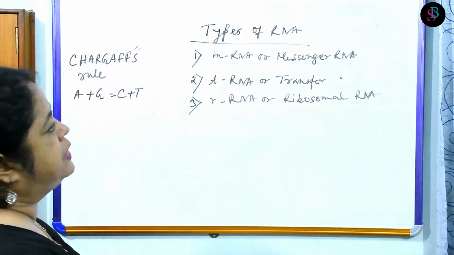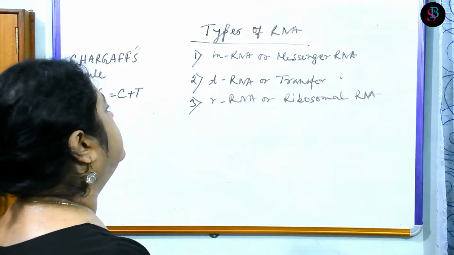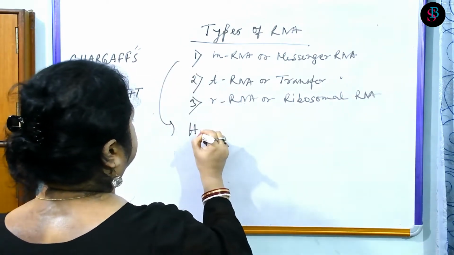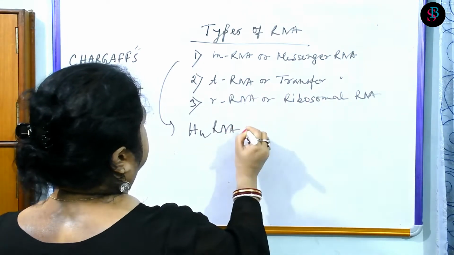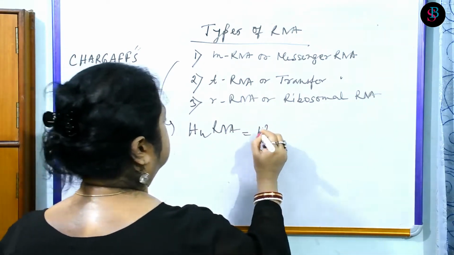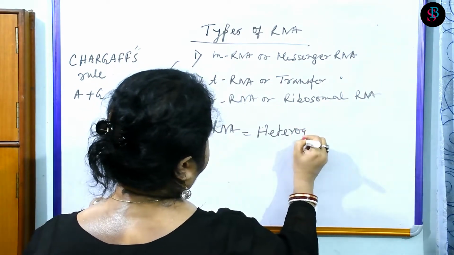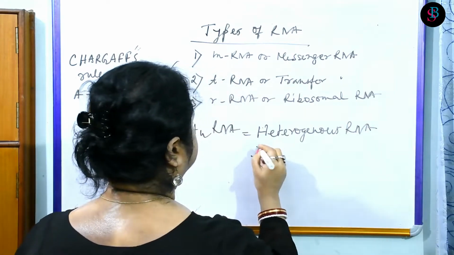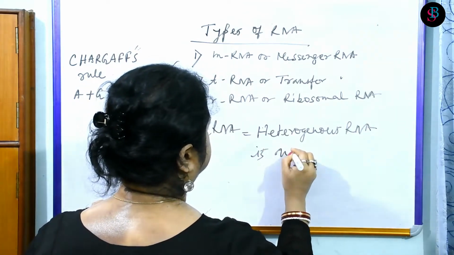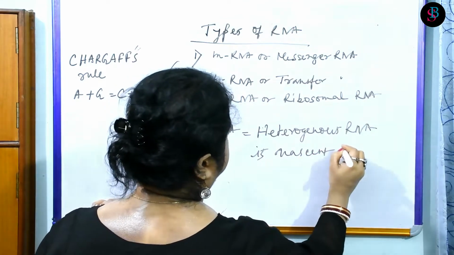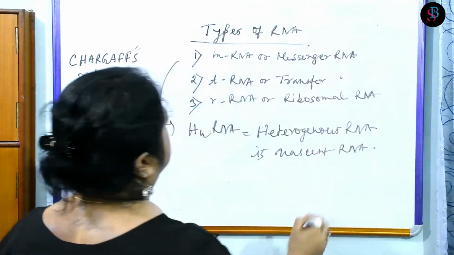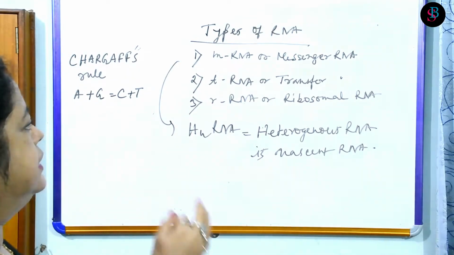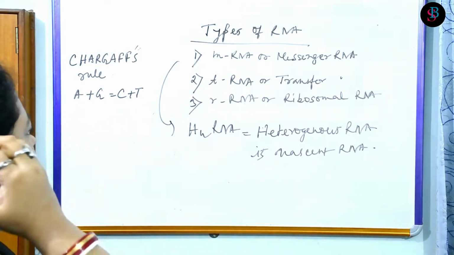The newly synthesized mRNA is known as HnRNA, heterogeneous RNA, which is nascent RNA. And mRNA is always single stranded and linear in structure.